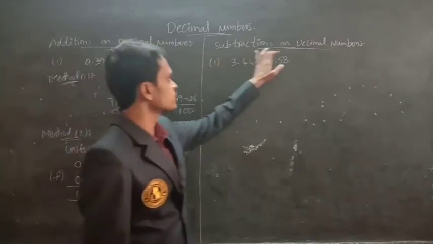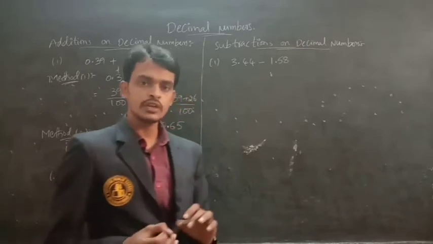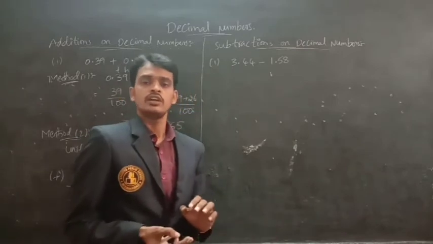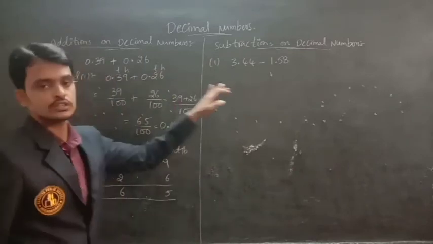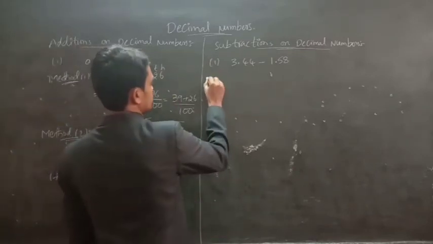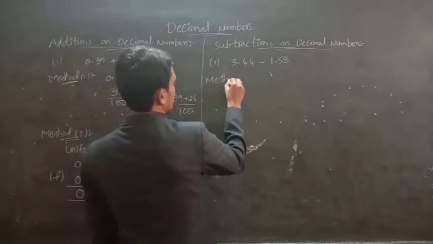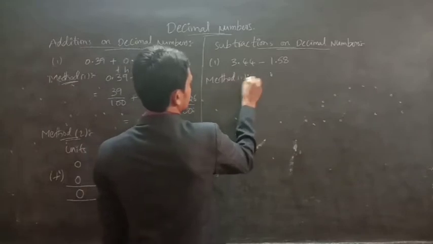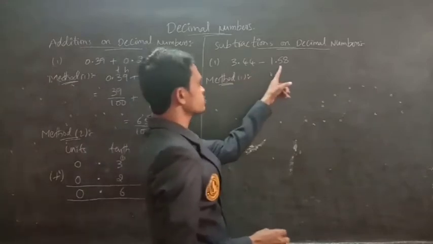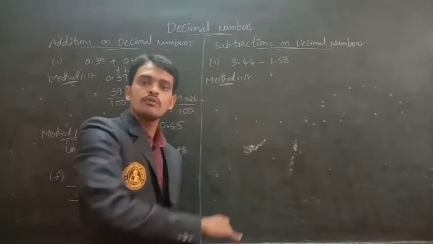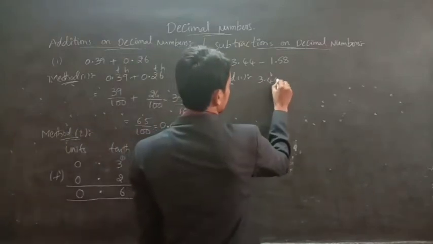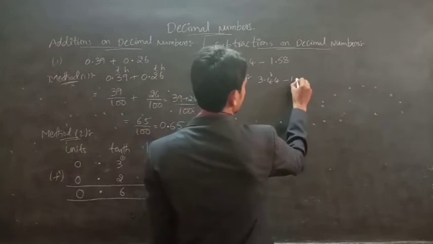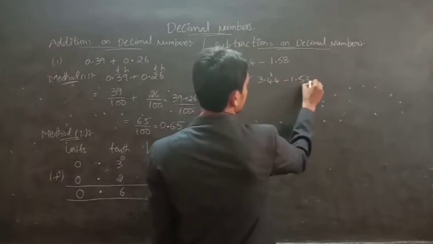Now subtraction on decimals. While doing subtraction on decimals we have two methods, the same as we did for addition. Method 1: first we convert these decimal numbers into fractional numbers. Then 3.44 minus 1.58.